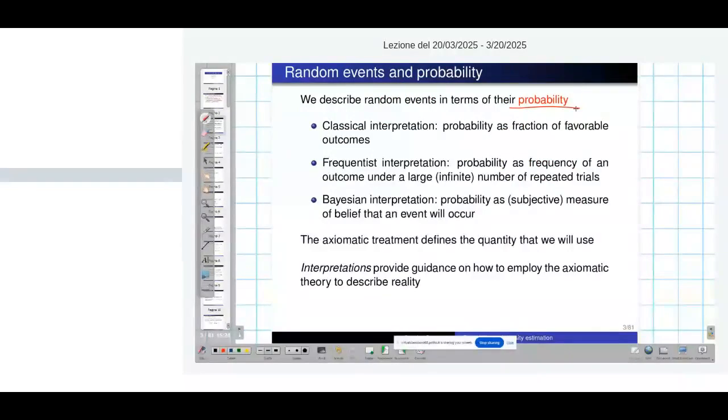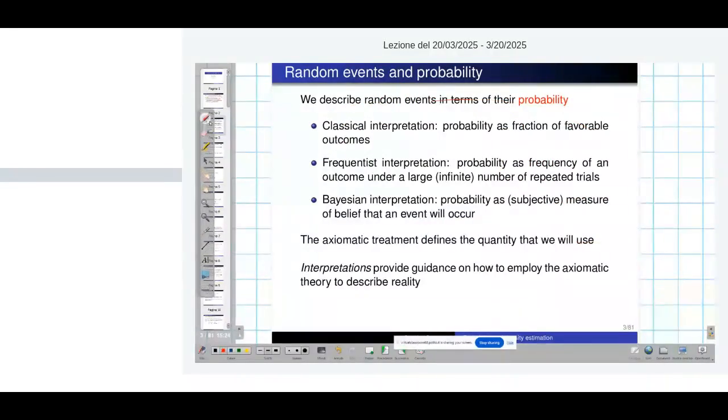Now, when we talk about probabilities, we have at least four things we are talking about. Three, you have in this slide, are interpretations of probability, and the fourth one is the mathematical concept of probability. The mathematical concept of probability is nothing else than an abstraction, like all mathematical concepts.